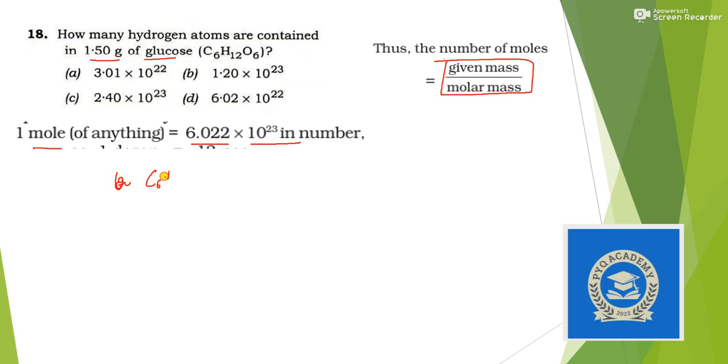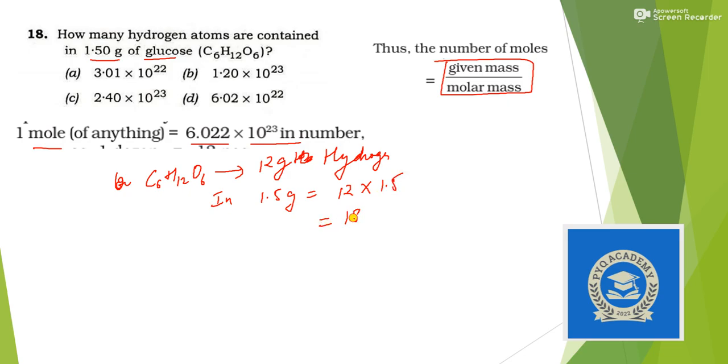In C6H12O6 there are 12 gram of hydrogen. So in 1.5 gram there will be 12 into 1.5, that means 18 gram. So this is the given mass.